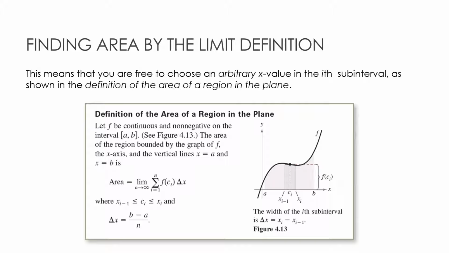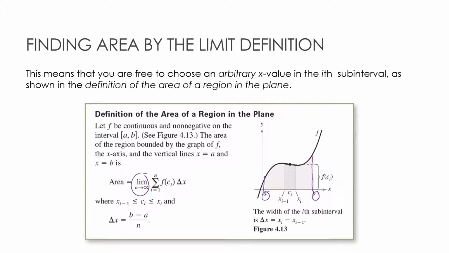So essentially what this is saying is if you have an interval from A to B, we can find the area by taking the limit as the number of intervals approaches infinity.